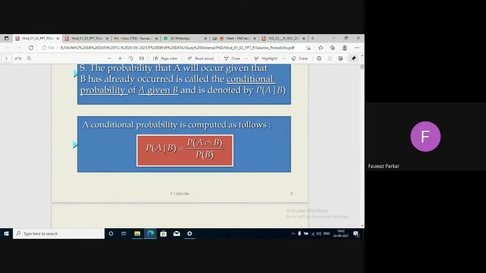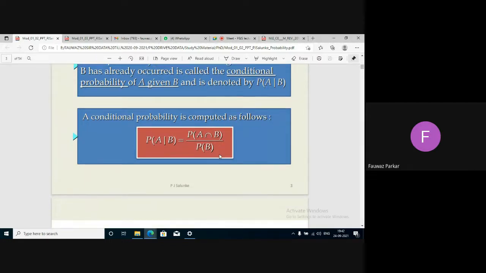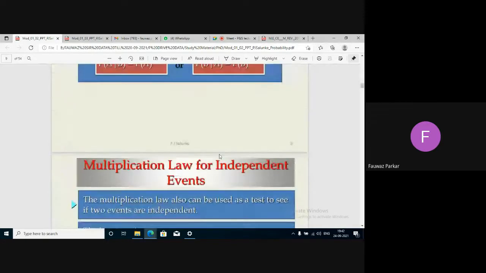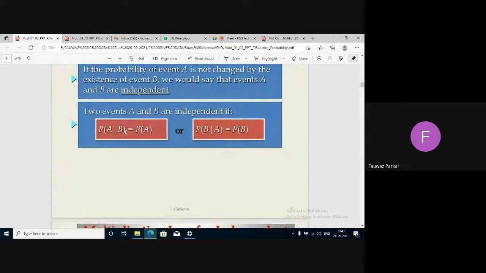That means P of B and P of B will cancel out each other. So in simple terms, the probability of A given that the event B has occurred is the probability of A, or vice versa.